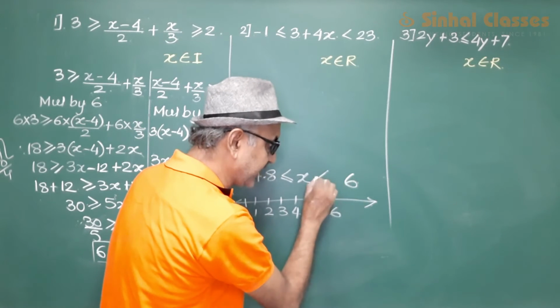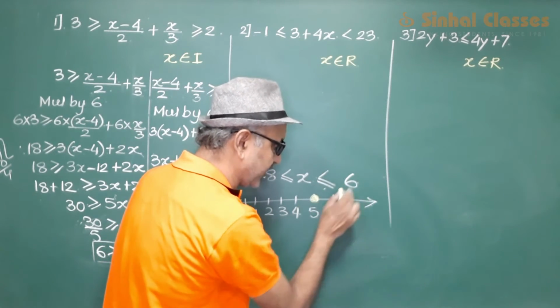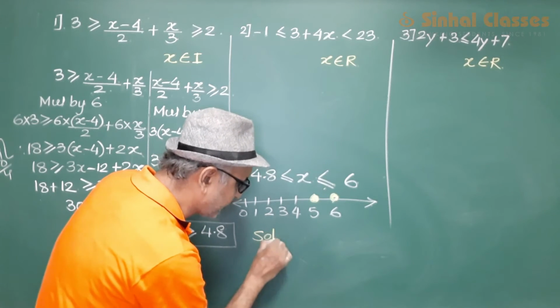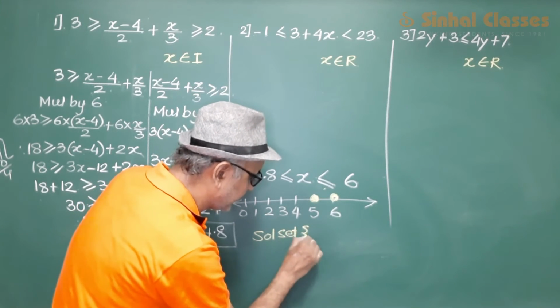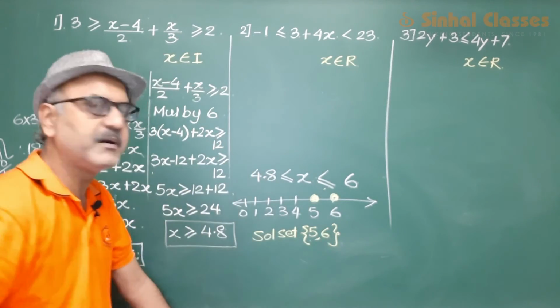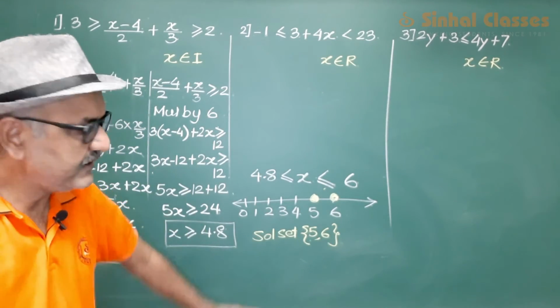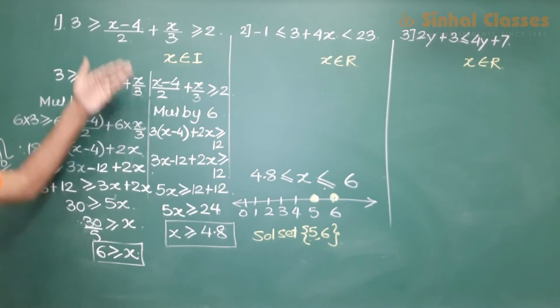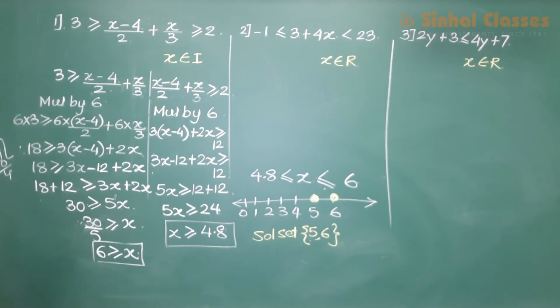Now it is smaller than 6 but 6 is also included, it is equal to 6. So this is the second number included. So guys, our solution set should be 5, 6. Alright, so this is your answer for this sum. You can just have a look, and I hope things are clear to you.